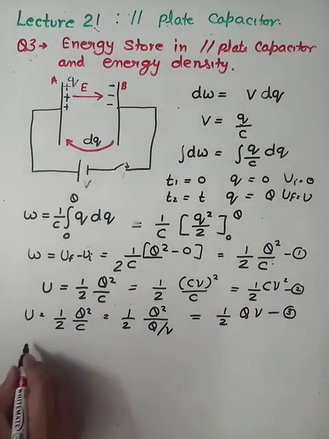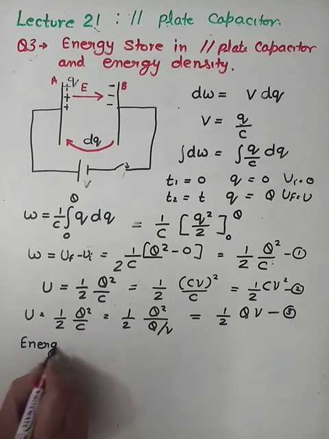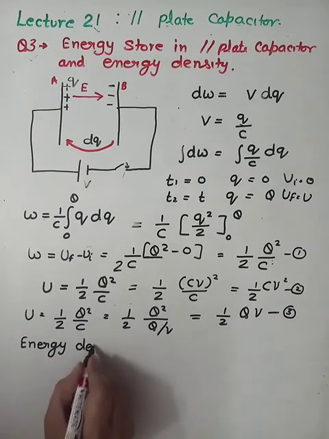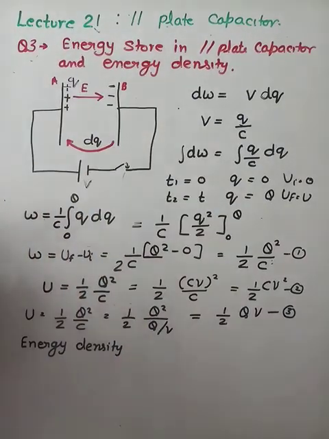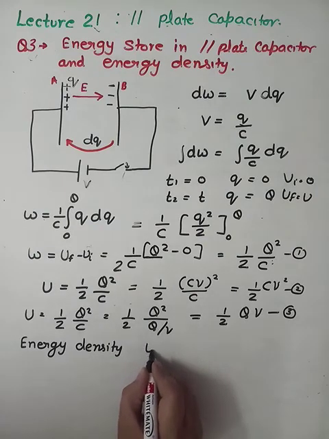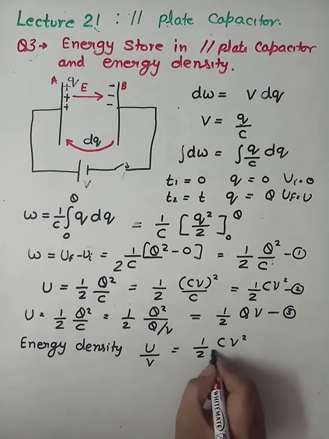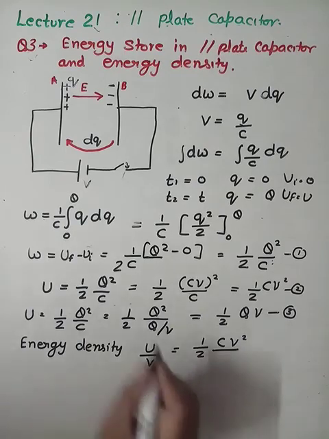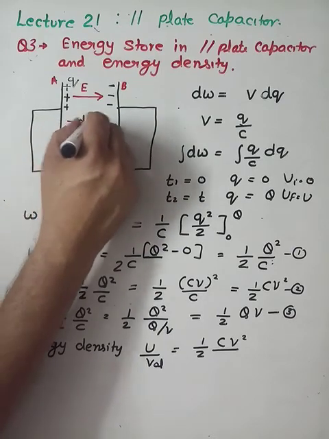Now for energy density. Energy density is energy per unit volume stored between the two plates of a capacitor. It is half CV square upon volume. Let A be the area of the plates and D the separation.